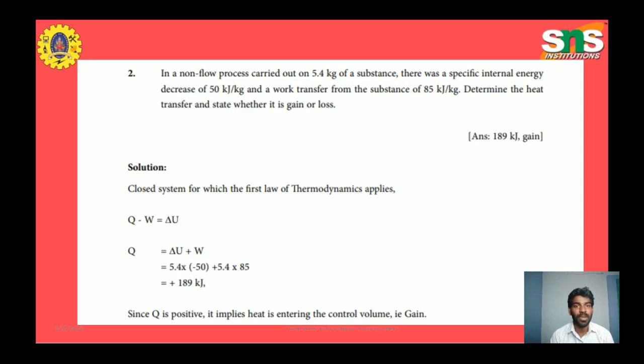Finally, simplifying this equation, we get 189 kilojoule. Since the heat transfer Q is positive, it implies heat is entering the system. So the process is a gain.